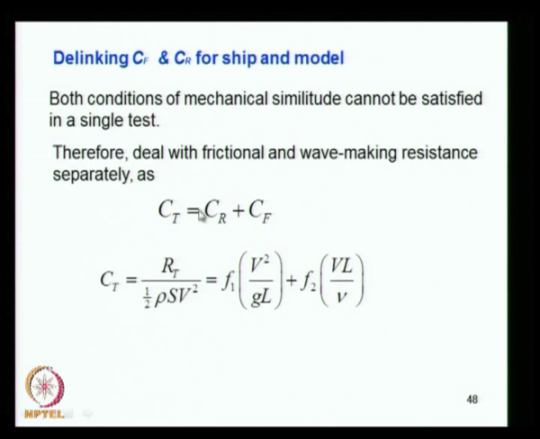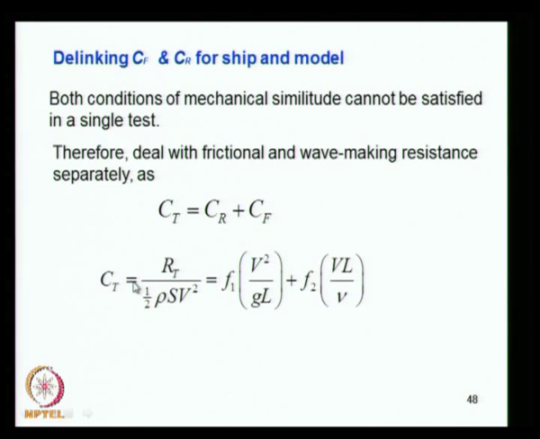So the total resistance coefficient Ct can be split into the residuary resistance coefficient Cr plus the frictional resistance coefficient Cf. That means the total resistance can be separated out as residuary resistance and frictional resistance.